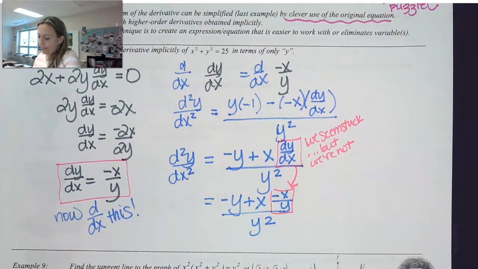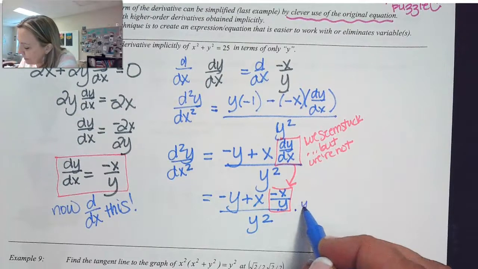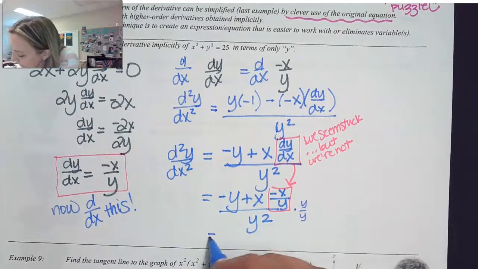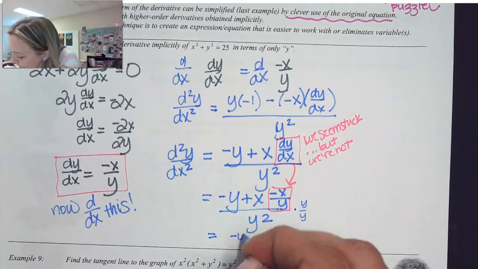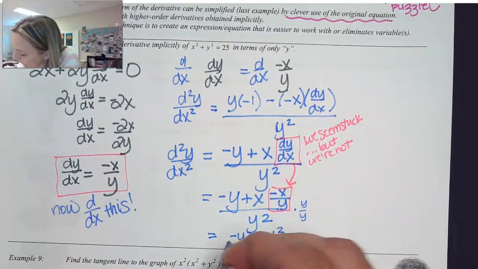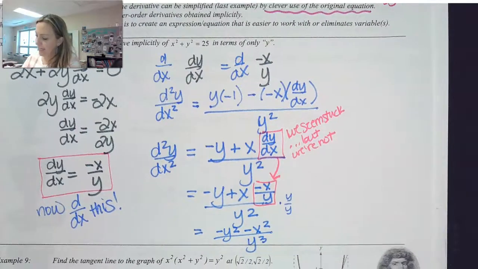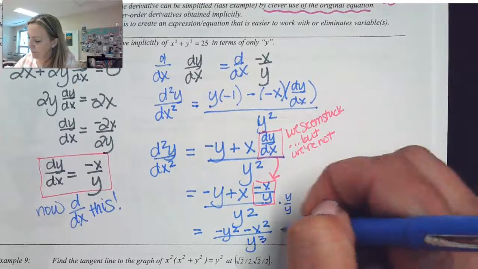And then I would simplify a little bit. So I'm going to clean that up by multiplying by y over y. So that gives me -y squared minus x squared over y cubed. And I might factor out a -1 for that, right?